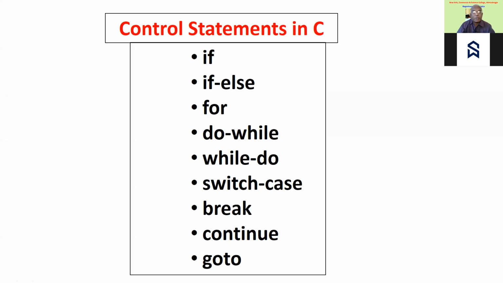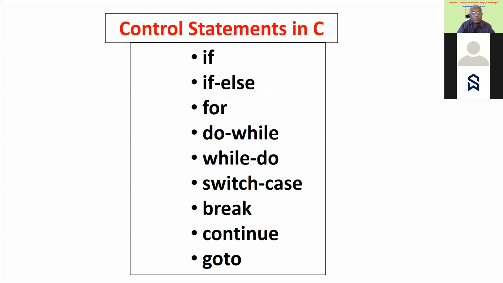Let me first give you a list of control statements that are used in C language. The first control statement is if, another is if else, one more is for, do while, switch case, break, continue, goto, and many more.